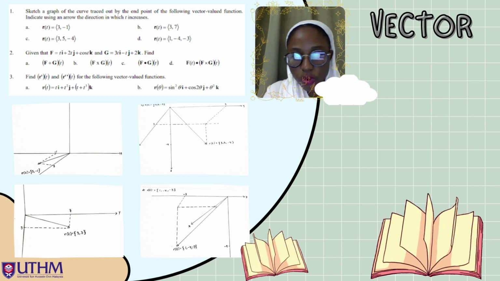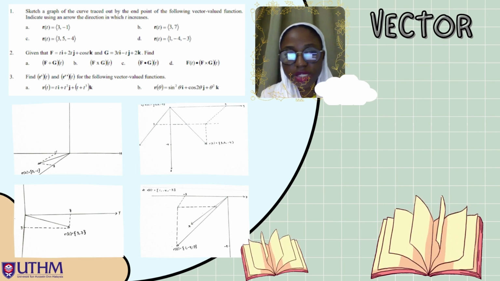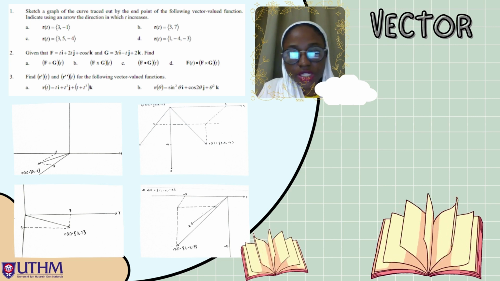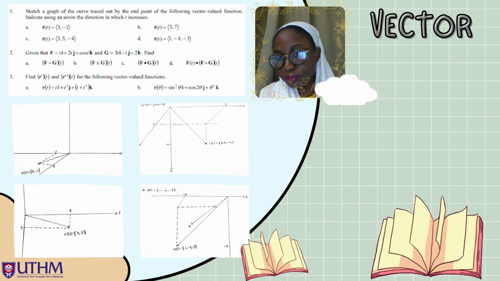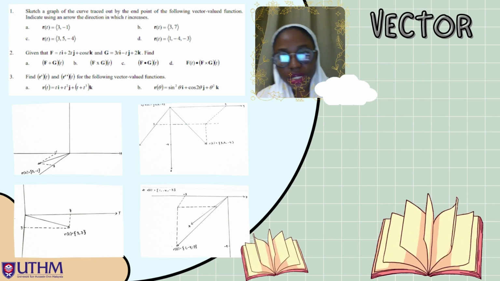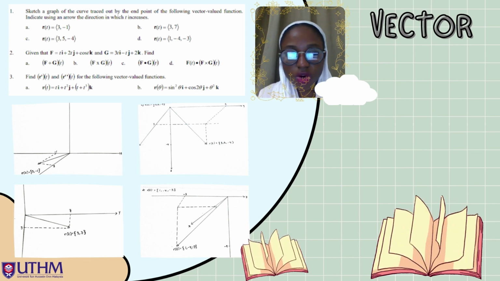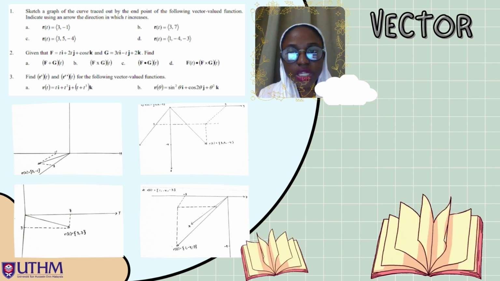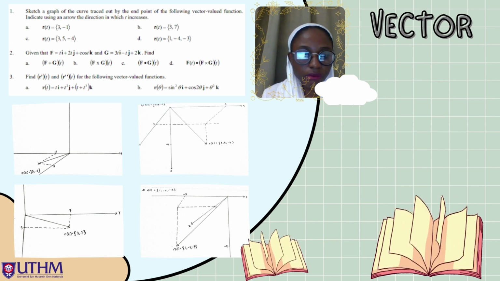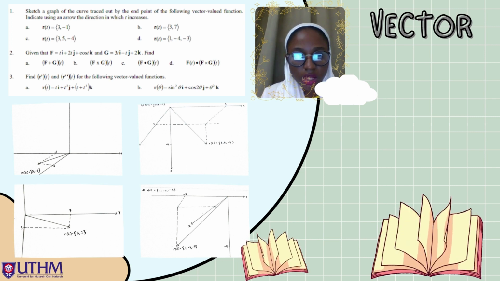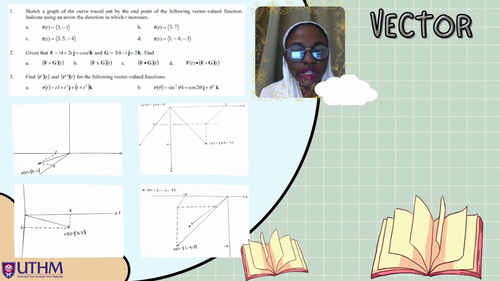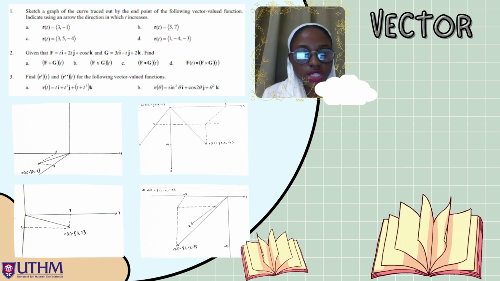Negative 3 is labeled at y, negative 4 is marked on line z, and line x is also there, where 1 is on line x, and an arrow is put in to indicate where x increases. And the label for r(t) equals (1, negative 4, negative 3) is also written below.